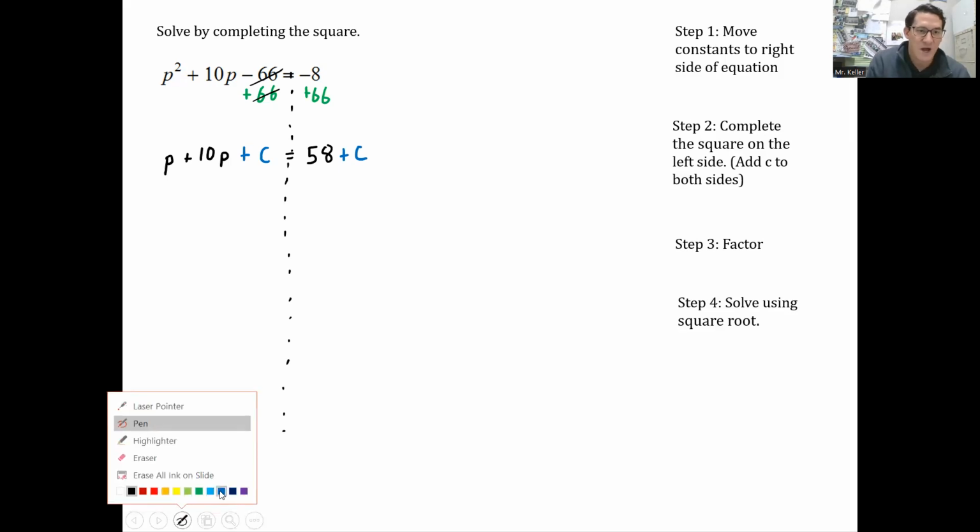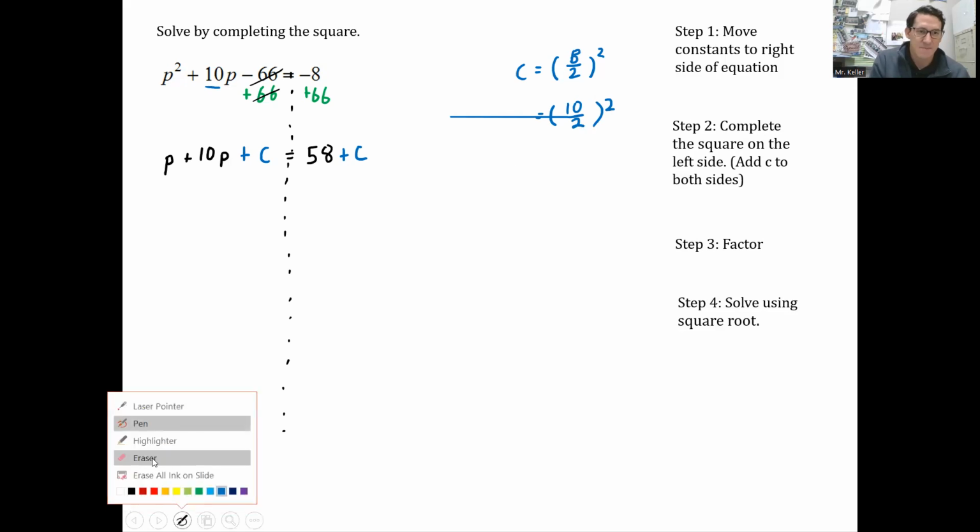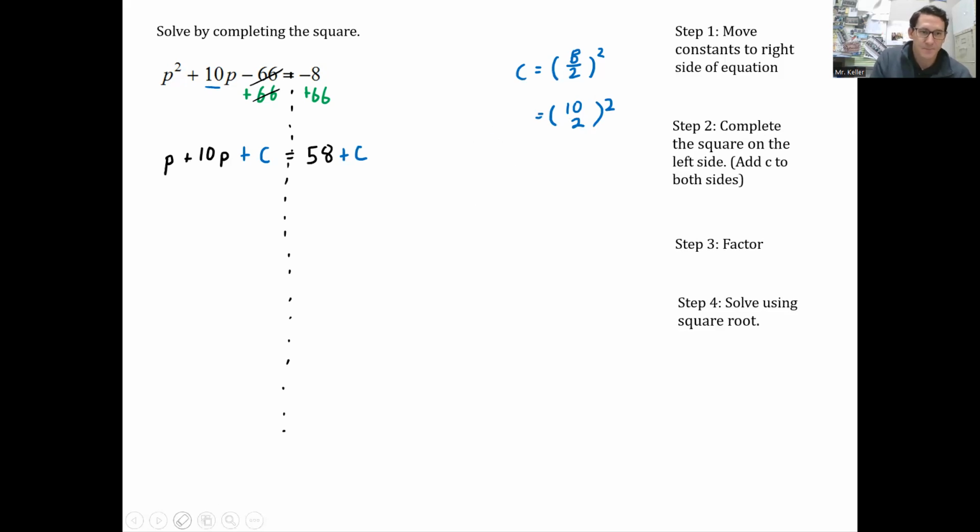So I'm going to find the value of c. So c is half the middle term. It's b divided by 2 squared. B, in this case, is 10. So 10 divided by 2 squared. This is a b, not an 8. Let me fix that. 10 divided by 2 is 5.